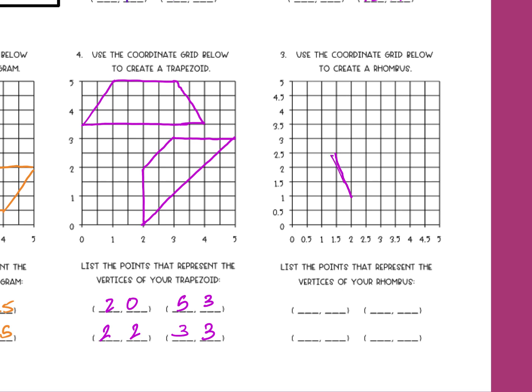Let's see your rhombus. Actually, I don't know if I can draw a rhombus. Never mind. Let me see your rhombus. Does he have right angles? No. Your rhombus is different. Wait, let me see a rhombus.